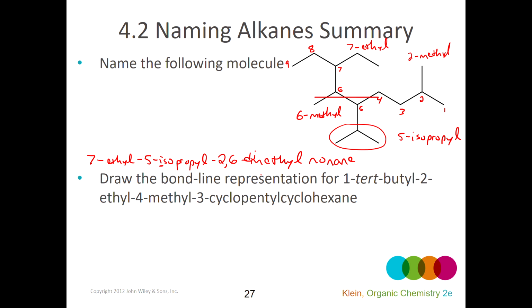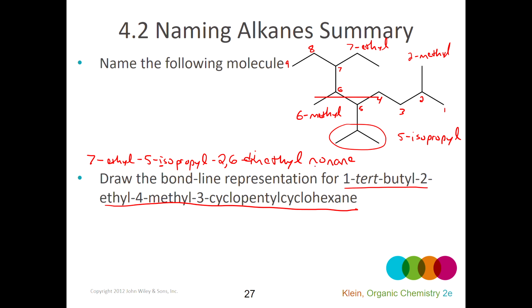All right, so make sure you practice up on naming compounds based on their structure, as well as drawing compounds based on their name. This is usually much easier for students because once you've got the name, it really gives you all the structural information on how to connect everything. So I start at the right-hand side because that's my parent.